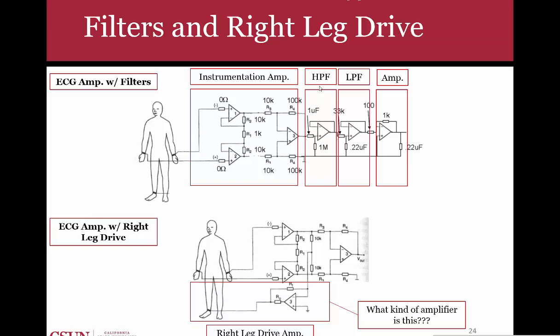So you can put a high pass and a low pass filter to essentially make a band pass filter, to pass only the frequencies that you're interested in for the ECG, and then you can even amplify that signal, because once you've run it through the filter, you might get some attenuation. So then you would amplify it again to get back the signal that you want in terms of the magnitude. All of this is what we would consider to be front end circuitry for the ECG.